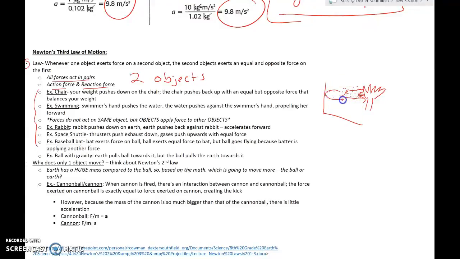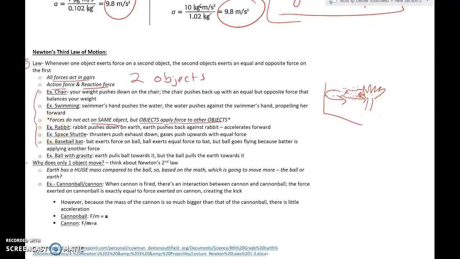They bounce back in this direction. So as they bounce back, and this is all happening simultaneously, instantaneously, they hit against your hand, and that's what propels you forward. So the forces do not act on the same object, but those objects apply forces to other objects. Meaning my hand applies a force, it pushes against these water molecules. Those water molecules hit against each other, which then hit against my hand and move me forward.